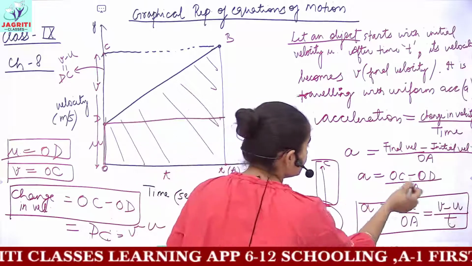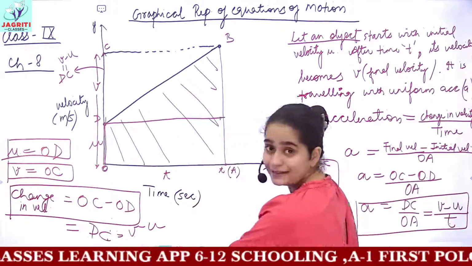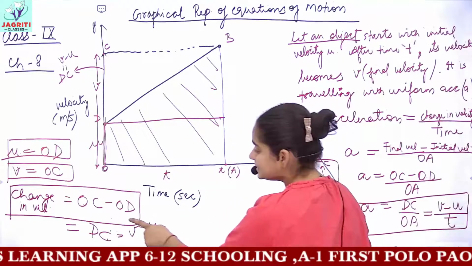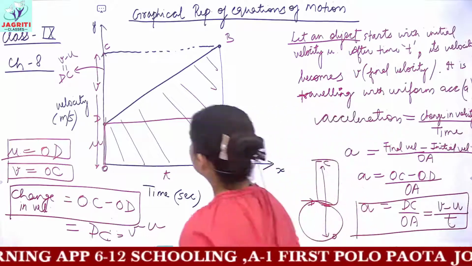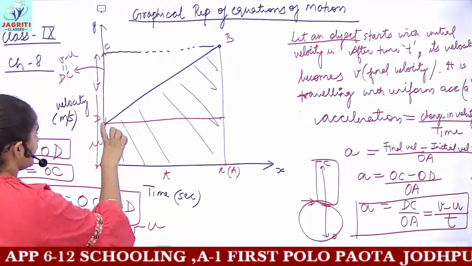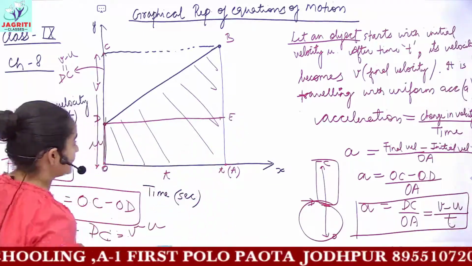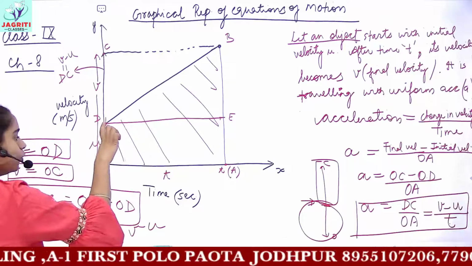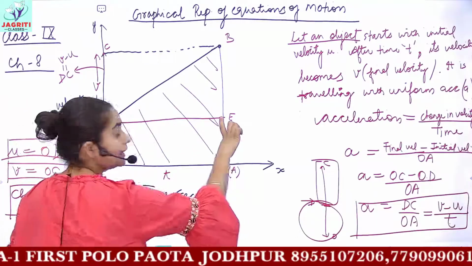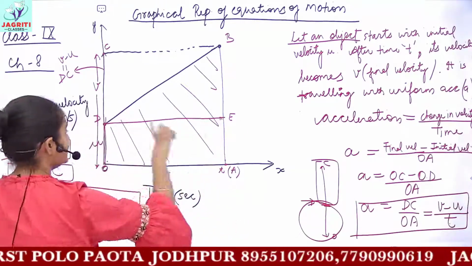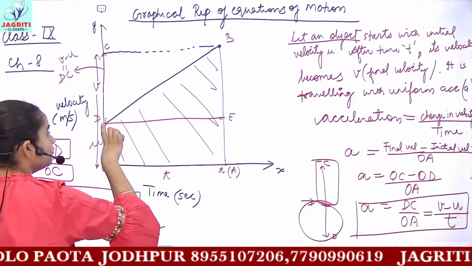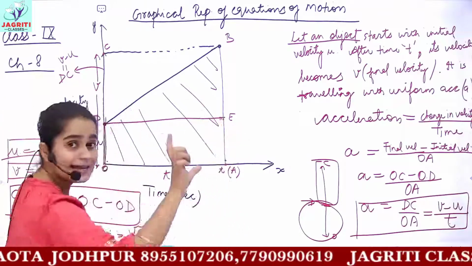We know that OC minus OD gave us the value of DC from the graph, and this DC is equal to V minus U. So if I mark this point as E, then we can say that this OD length is equal to AE, because you can see these are parallel. So the length of OD would be equal to AE.